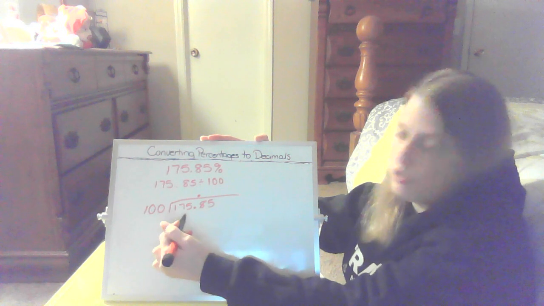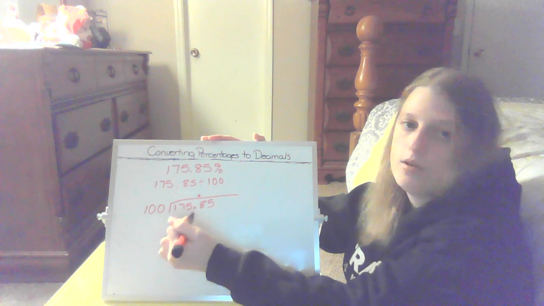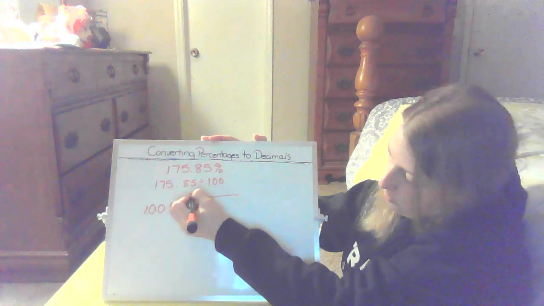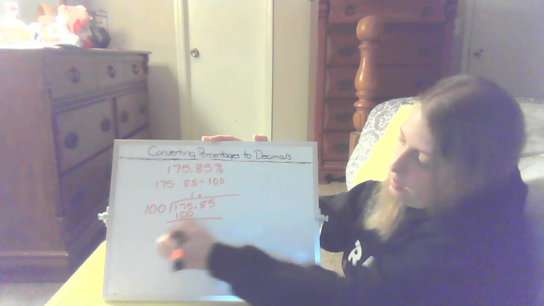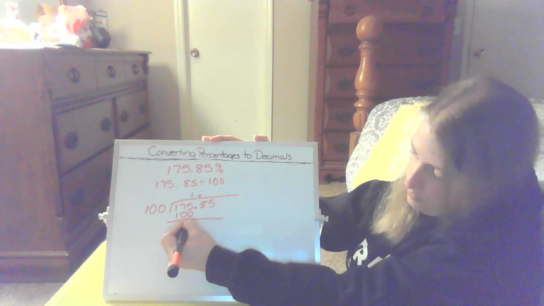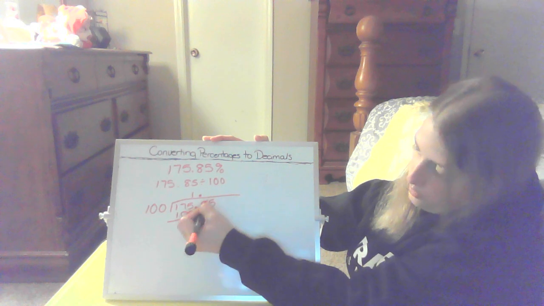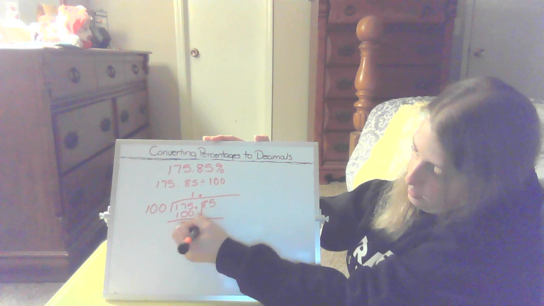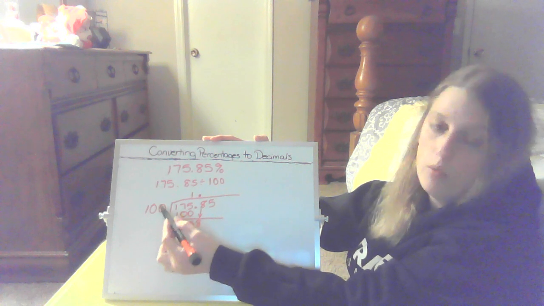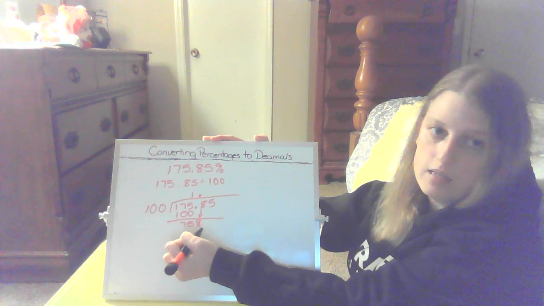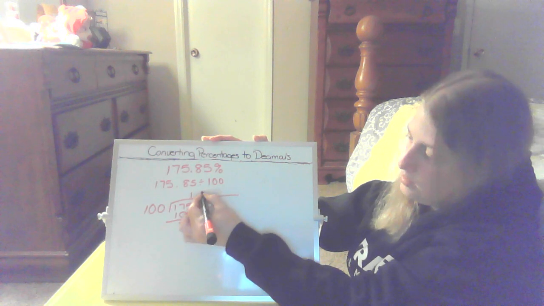And we know that 100 can go into 175 one time. So that's going to give us 100. So 175 minus 100 is going to give us 75. And then we're going to bring down our 8. And 100 can go into 758 7 times, which gives us 700.